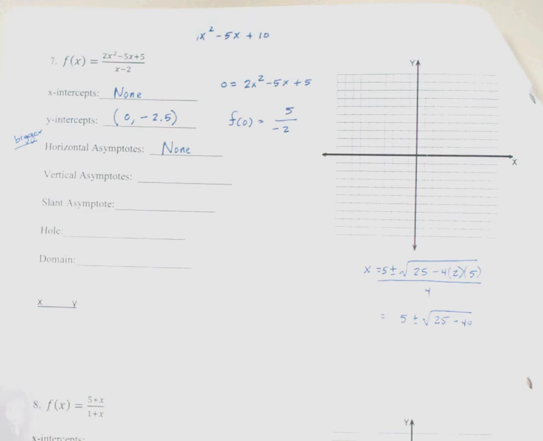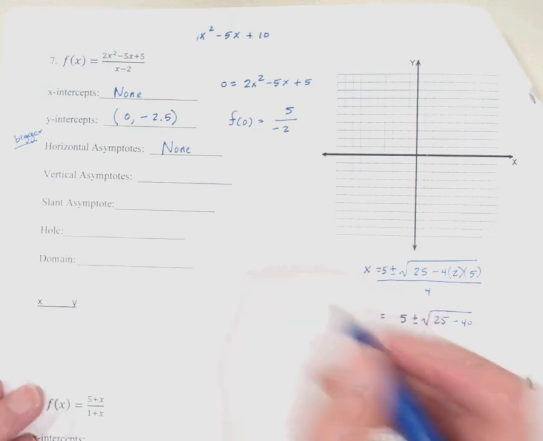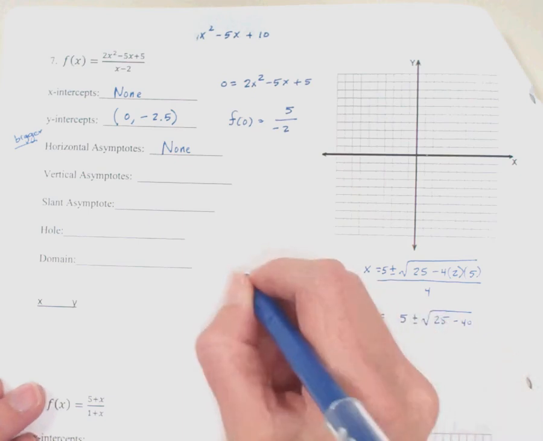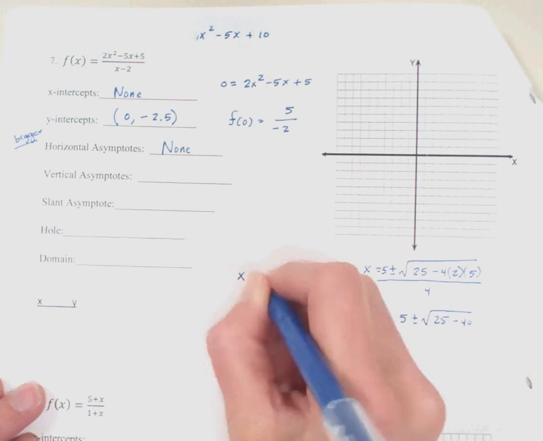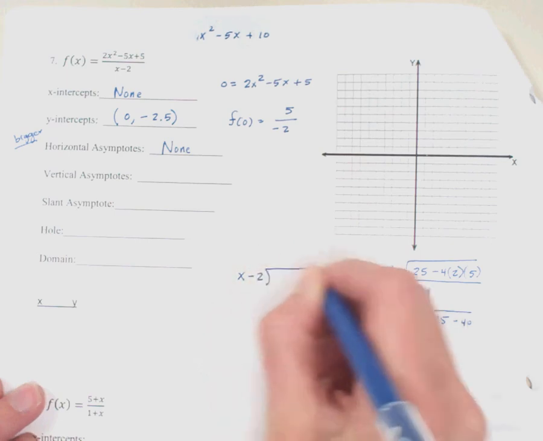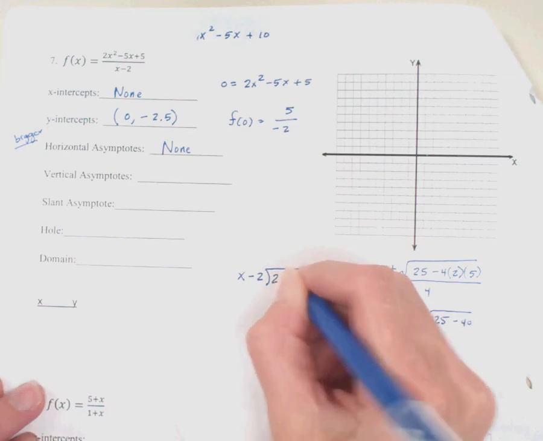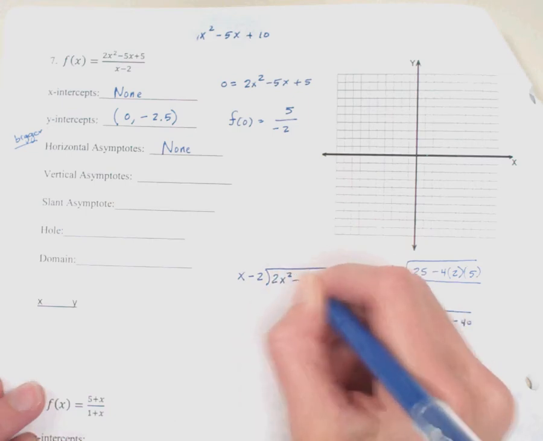The degree of the numerator is 2. That's 1 greater than the degree of the denominator, which is 1. So to find the slant asymptote, we are going to use long division. I'm going to take x minus 2 and divide that into 2x squared minus 5x plus 5.